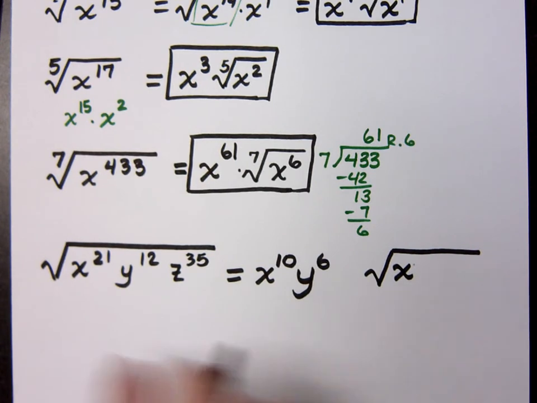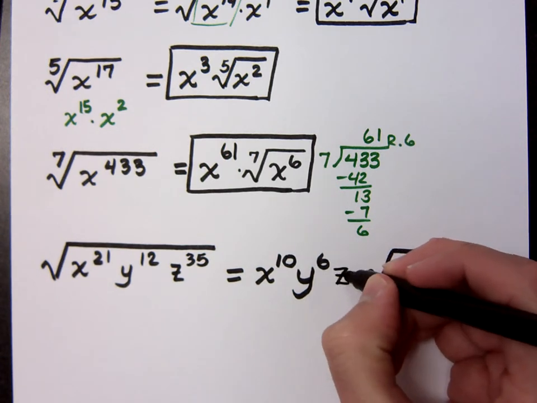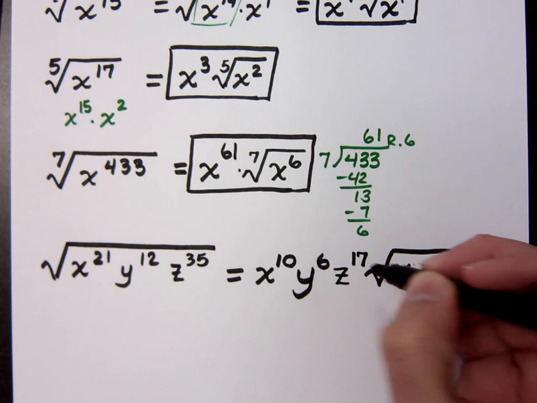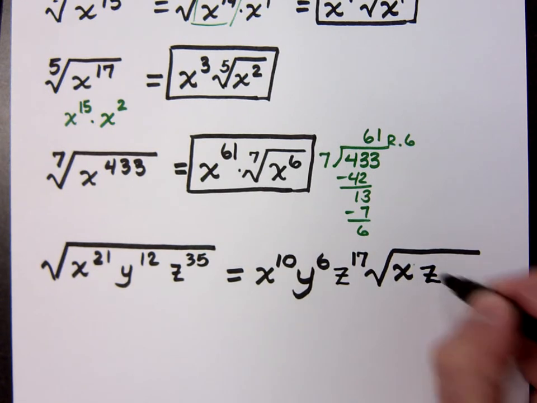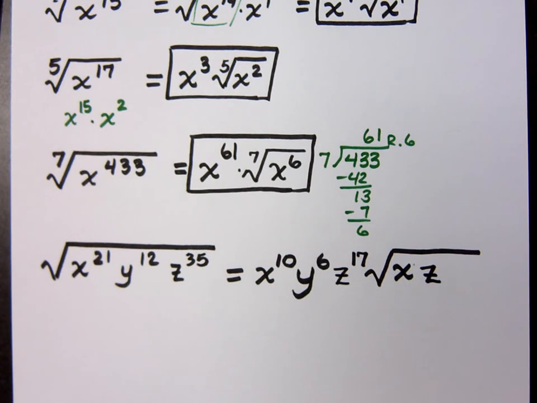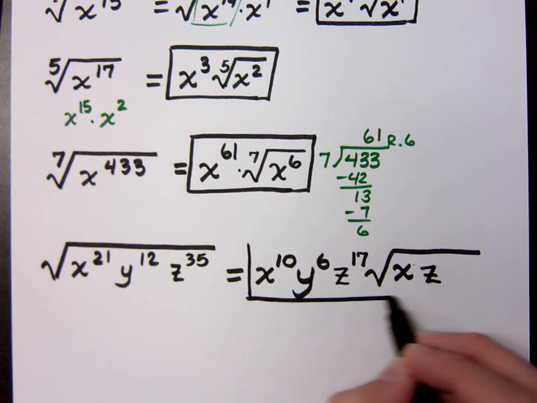No. Do that again with z to the 35th. What do you get? I get 17 with what left over? With one z left over. All I'm asking you to do here is really divide. That's all you have to do.